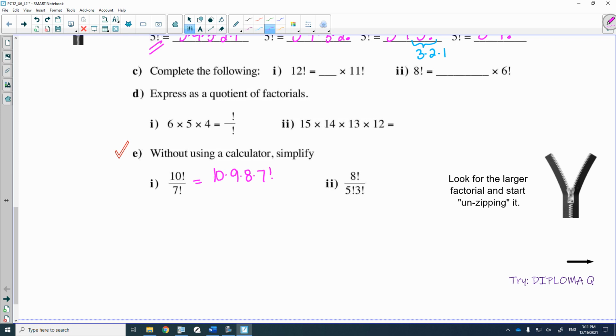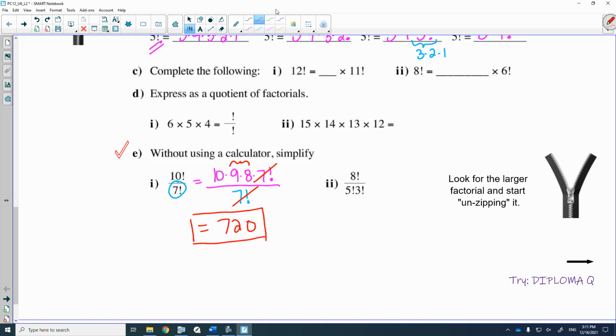If I want to stop, I must put the factorial all over. The denominator has the 7 factorial. You could cancel those terms, and you were left with 10 times 9 times 8. How you do that in your head probably is 9 times 8 is 72, and 72 times 10 is 720.